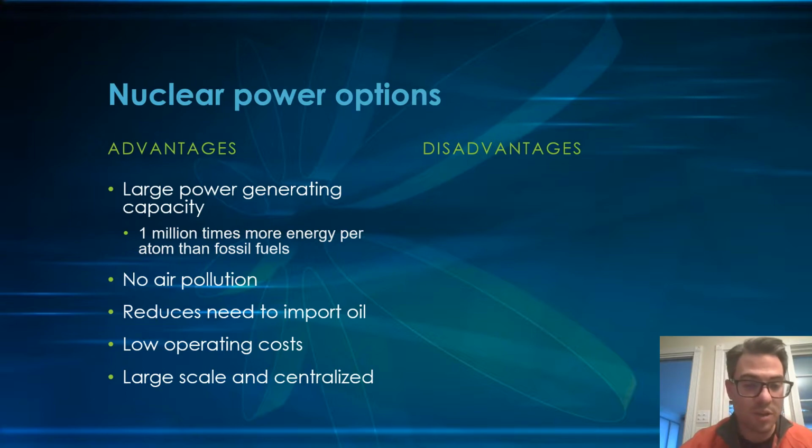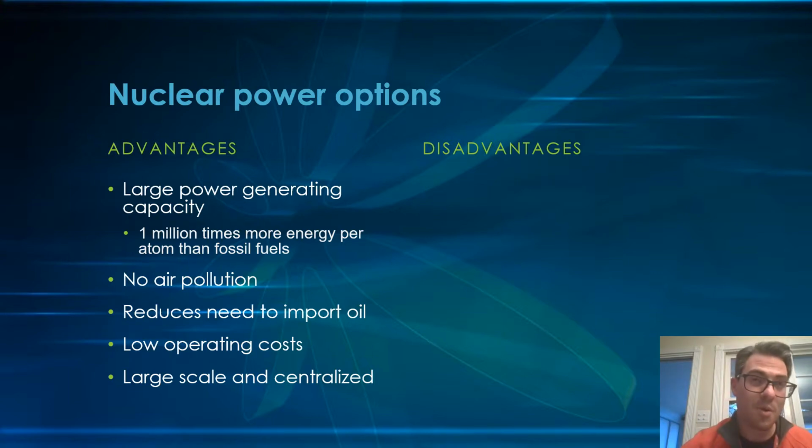One small factoid that I really like here is that per atom, nuclear energy produces over 1 million times more energy than comparable fossil fuel. So when we think about the energy potential of a nuclear power option, it's really large. One of the other key things that a lot of environmentalists like is it doesn't produce air pollution like the burning of fossil fuels.